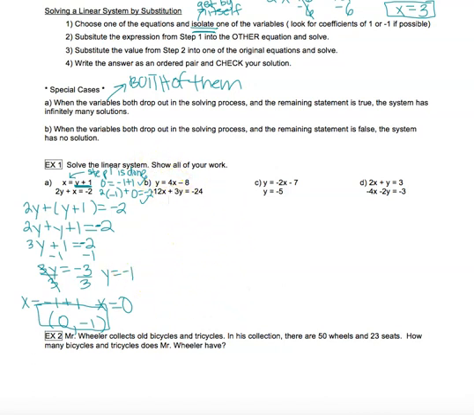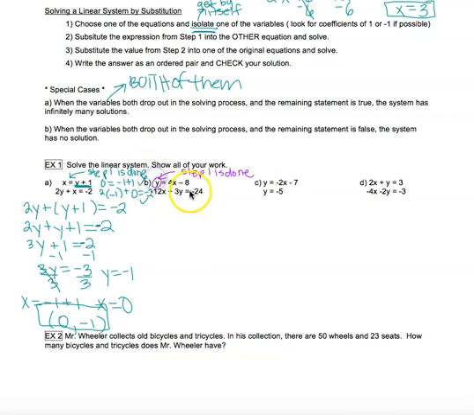Okay, now we're going to look at B, and I'm going to switch colors just so these don't all run together here. So step 1, choose one of the equations, isolate one of the variables. Again, step 1 is done. Look, y is already by itself. Don't waste your time trying to solve one of the other equations. So I'm going to go to the other equation and take the y out.